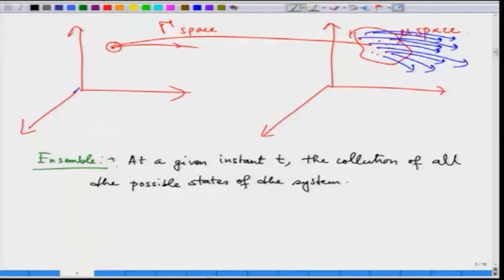That means, I say that the system, when observed throughout a long time interval, gives all these possible states. Then if I freeze my time, I can imagine that I can make, at one given instant, all these possible states as replicas of the system. Let us say you have taken 1000 pictures in 1000 seconds.